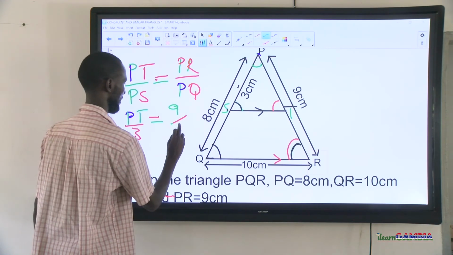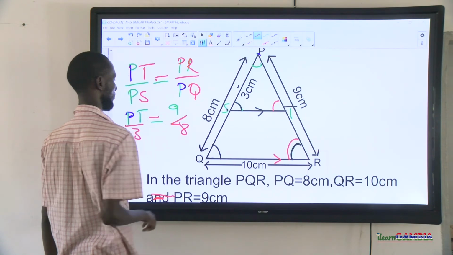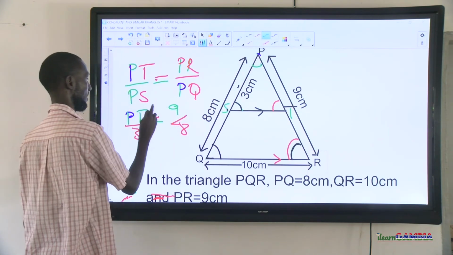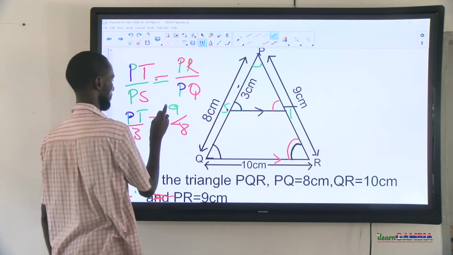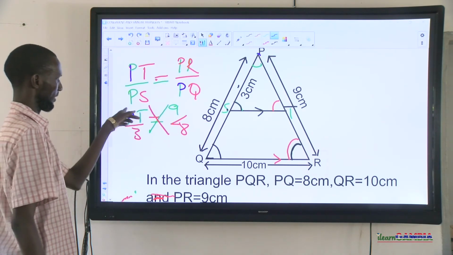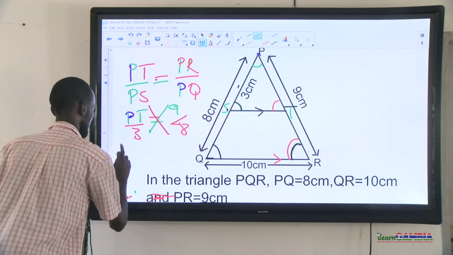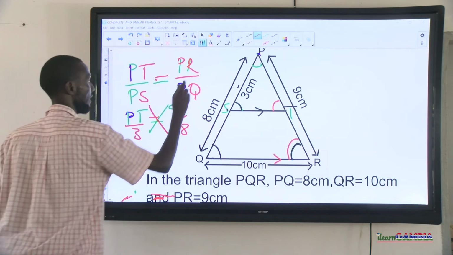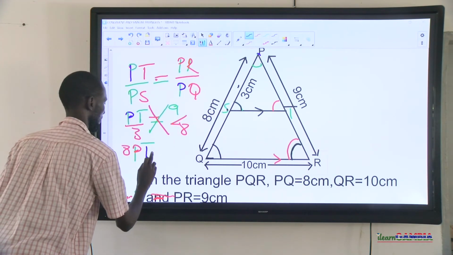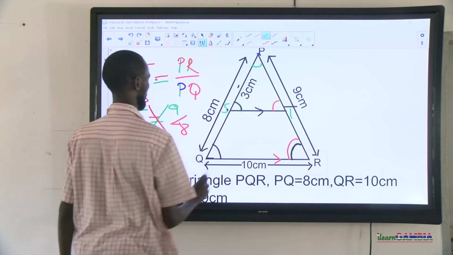So you can put 8 here, okay? If we now put 8 here, we can simply cross multiply this and see what happens. Cross multiplying gives you PT times 8, which gives you 8 PT. 8 PT should be equal to 3 times 9, which should be 27.